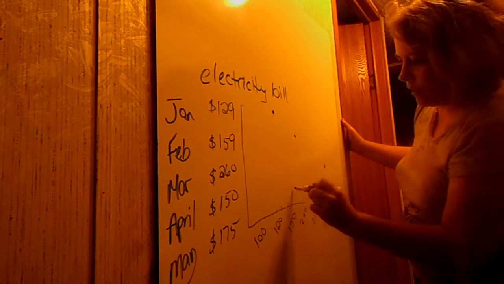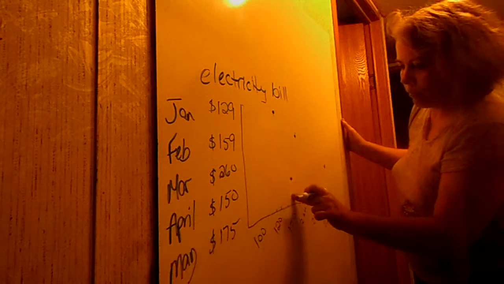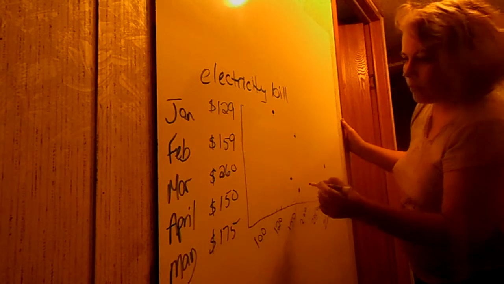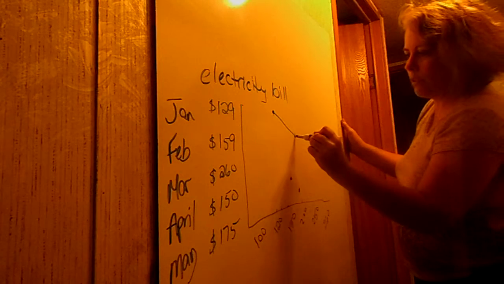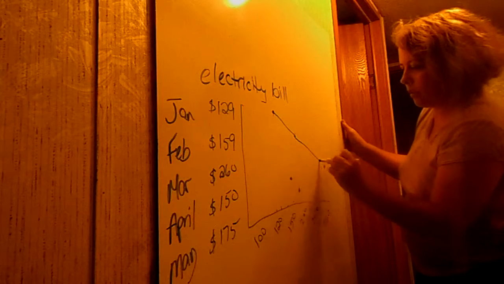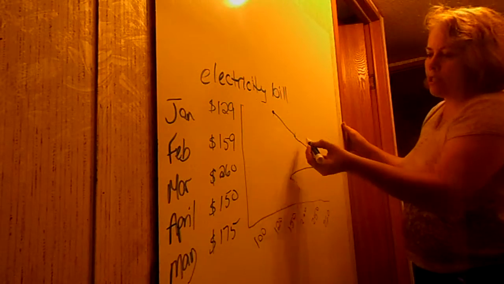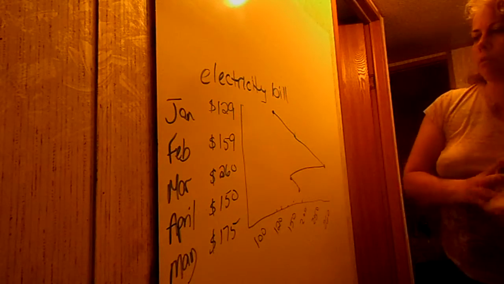Then 150, and then 175. So our monthly graph would look similar to this. So it's gradually gone up, and then it went back down. And you can graph this like that.